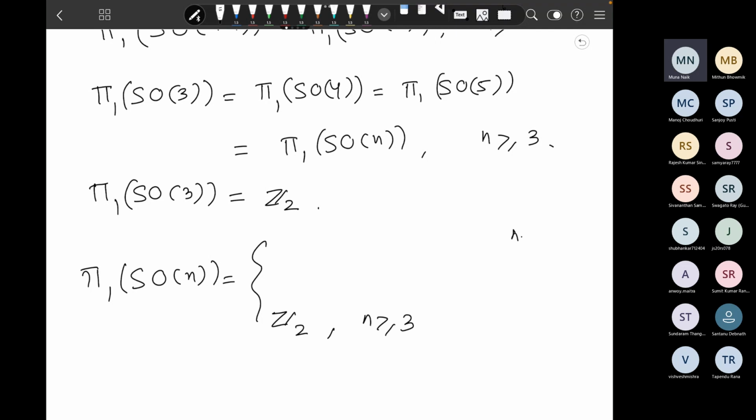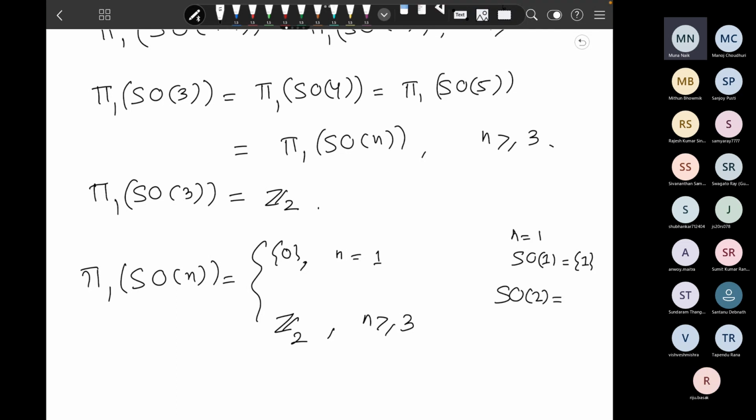Now for n equal to 1, SO1 is just the singleton identity, so pi 1 of SO1 is 0. Z2 means Z mod 2Z. We know that SO2 is nothing but homeomorphic to S1, so pi 1 of SO2 is Z. So that is n equal to 2.